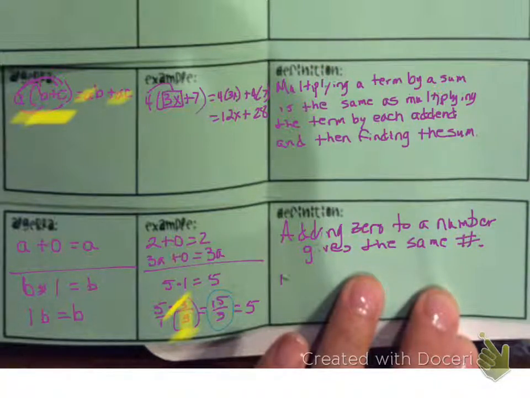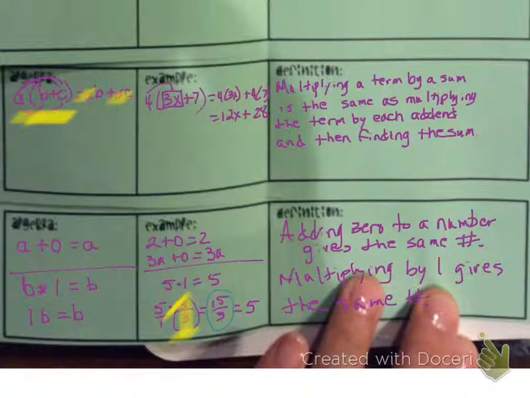And multiplying by 1 gives the same number. Okay? So that is our identity property. I could even add or subtract 0, and multiply or divide by 1, because it doesn't matter which way I do that.